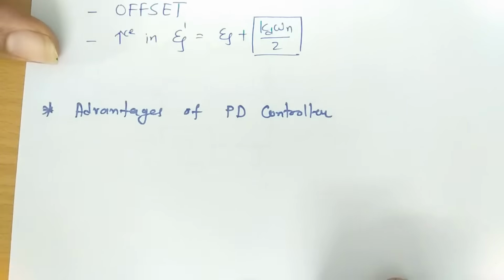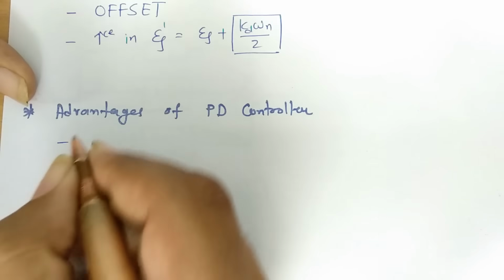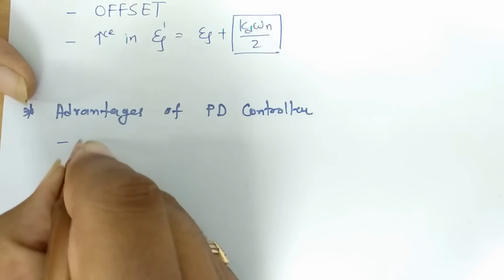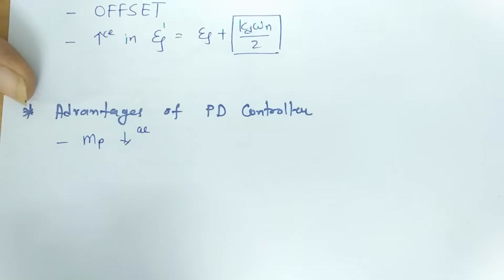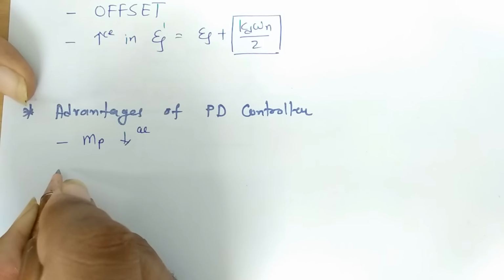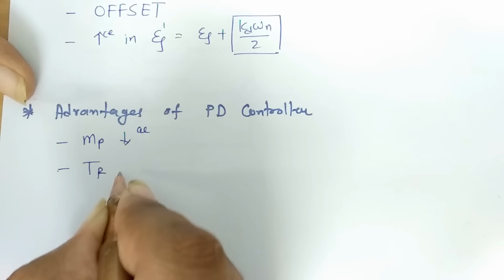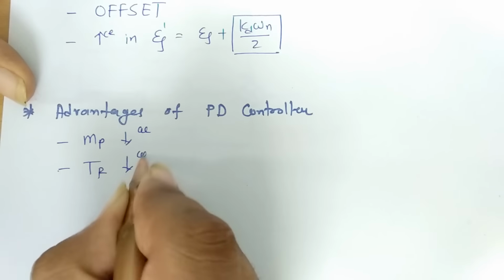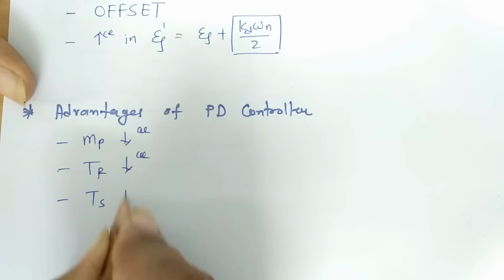What are the advantages of the derivative controller? There are so many advantages, that's why we use the PD controller. One basic advantage is it will decrease maximum peak overshoot. Second, it will decrease rise time. Third, it will decrease settling time.